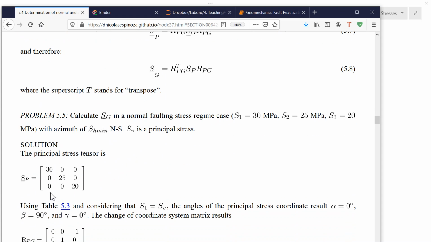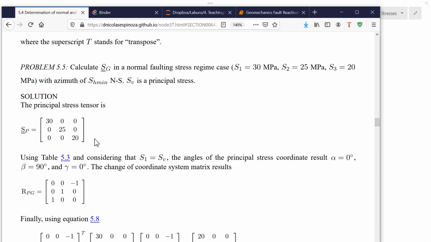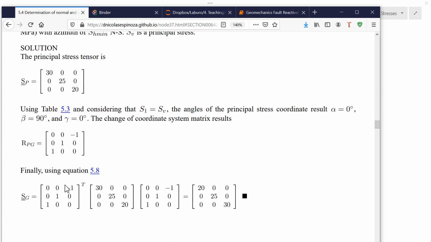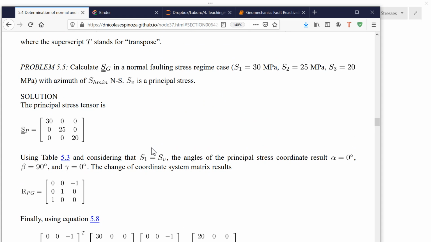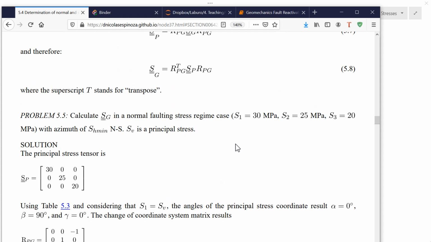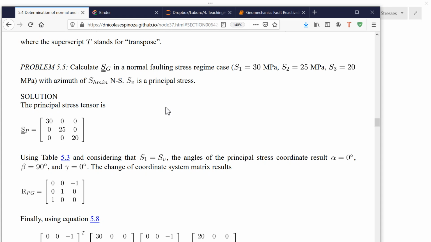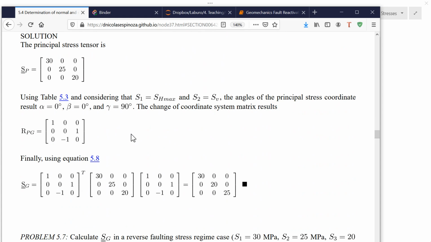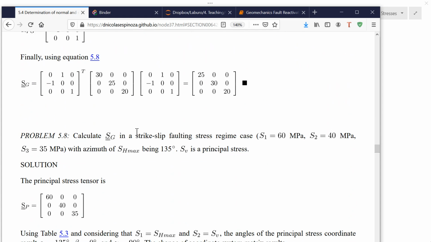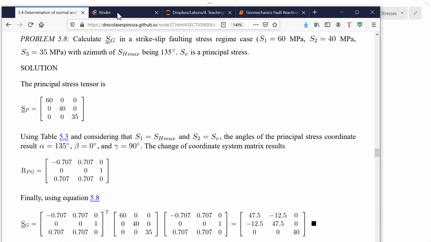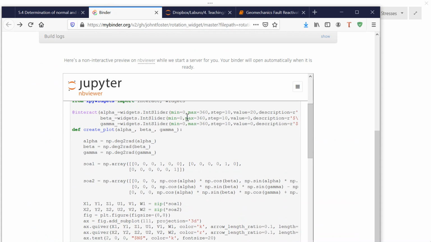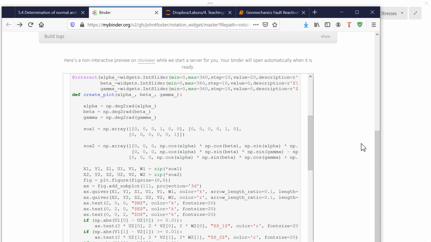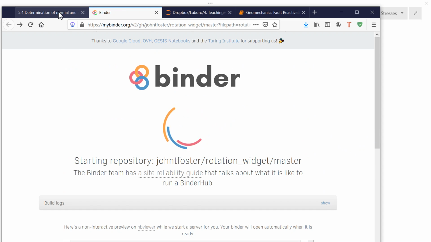Here you have a few examples where you can try your own equations if you write it on your own and see if they work for given orientations of the principal stresses. And for faulting regimes, you have three cases: normal faulting, strike slip, and reverse faulting.